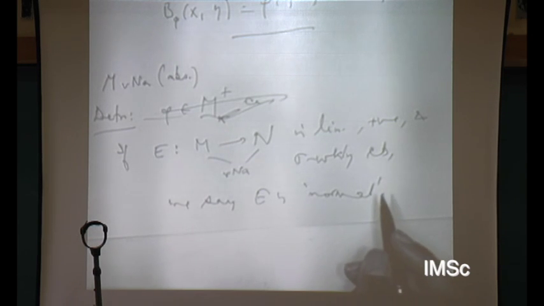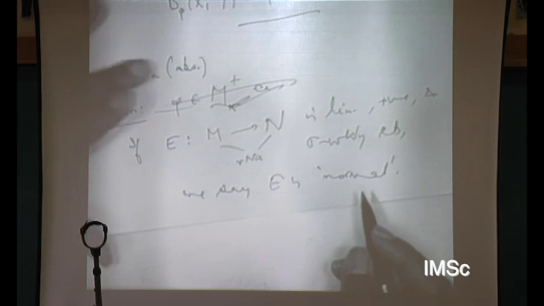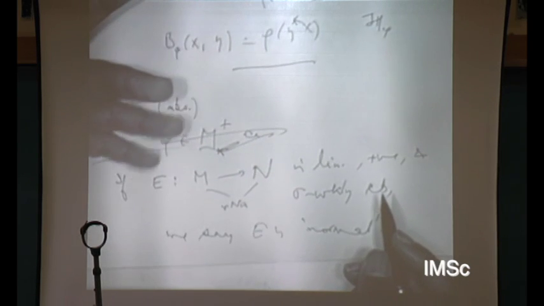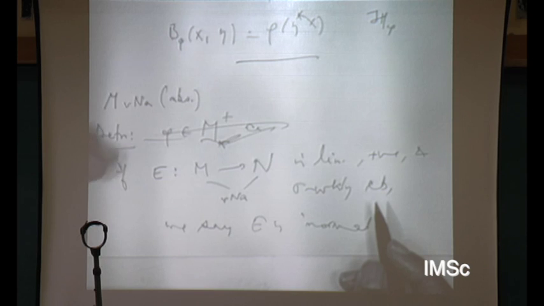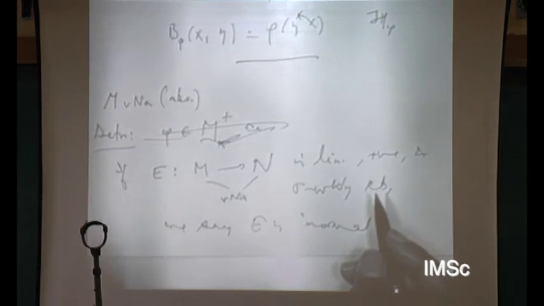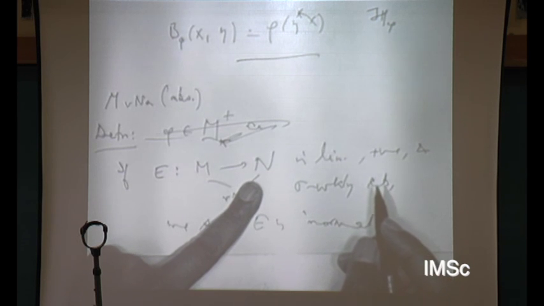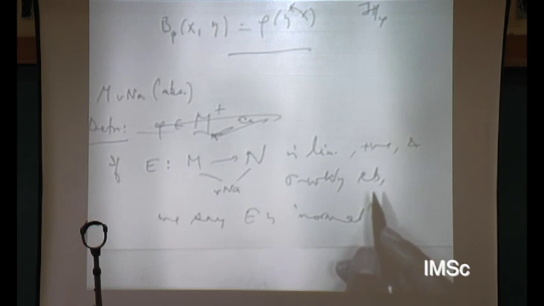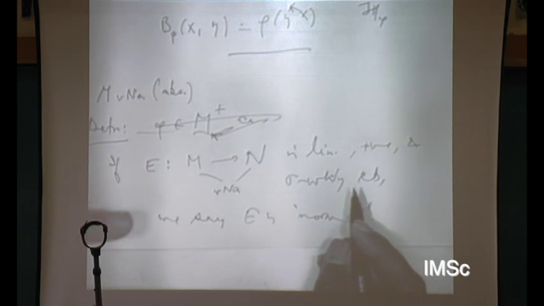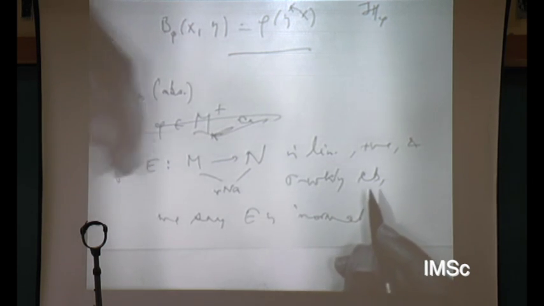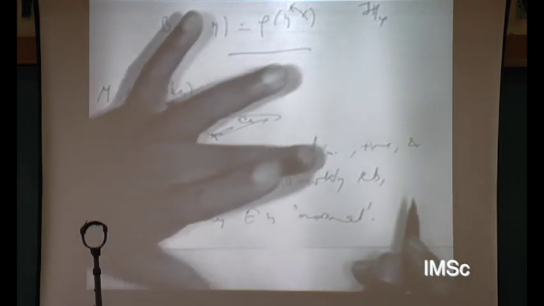Then we'll talk about normal homomorphisms or normal representations, that is, when M goes into B of H. Or we'll talk about normal linear functionals. Later, when you get into von Neumann algebras, there is the other map that one looks at, called conditional expectations, where this notion is also important.